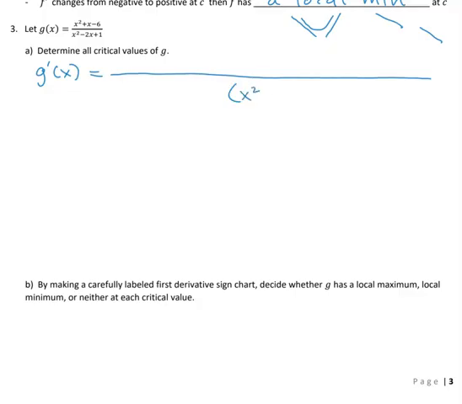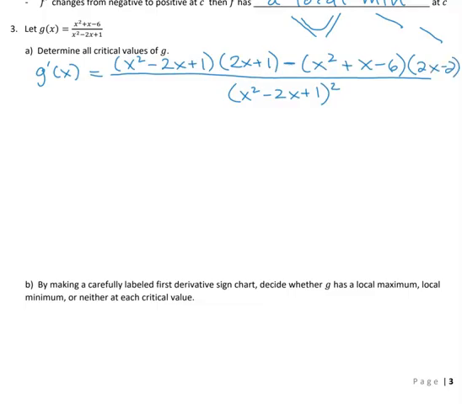We get x squared minus 2x plus 1 on the bottom. We get x squared minus 2x plus 1 on the top, and I forgot the square on the bottom. And then the derivative of the top is 2x plus 1. And then we need to subtract the top, x squared plus x minus 6, times the derivative of the bottom, which is a 2x minus 2.